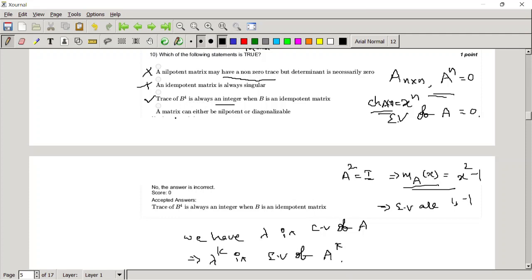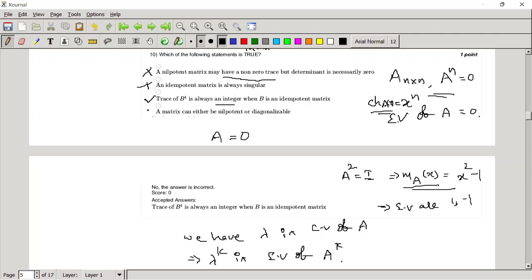For the fourth option, a matrix can either be nilpotent or diagonalizable. They are saying any one of these can happen, but for the matrix A equal to 0, it is nilpotent and diagonalizable also, and this is the only matrix which is both nilpotent and diagonalizable.